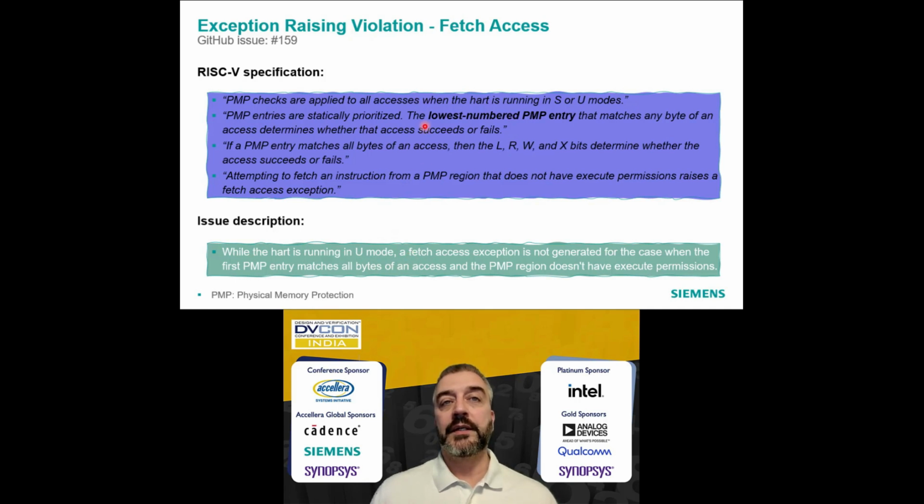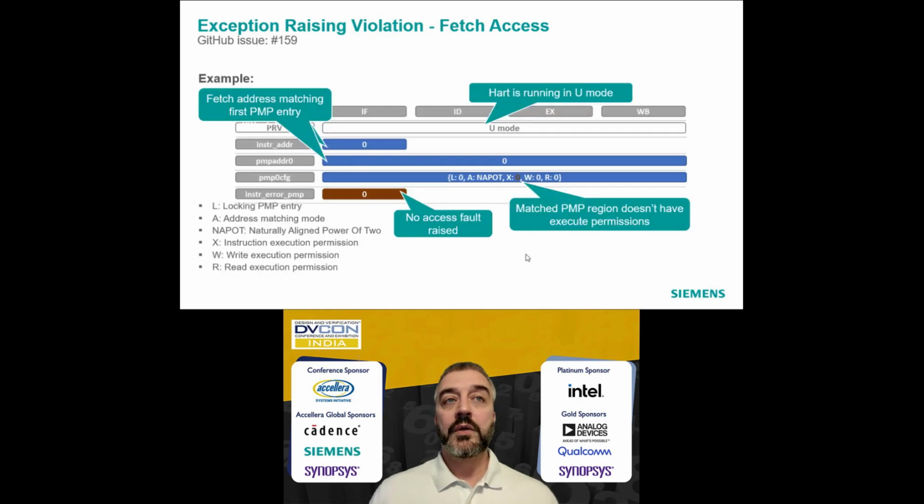The specification essentially specifies that the lowest numbered entry that matches an address is the one that determines the access rights, read, write, or execute, of an access. But what we have found here is that an instruction gets executed in user mode with a certain address, and entry 0 of the PMPs is matching this address and having no execute rights, but this instruction is still getting executed.